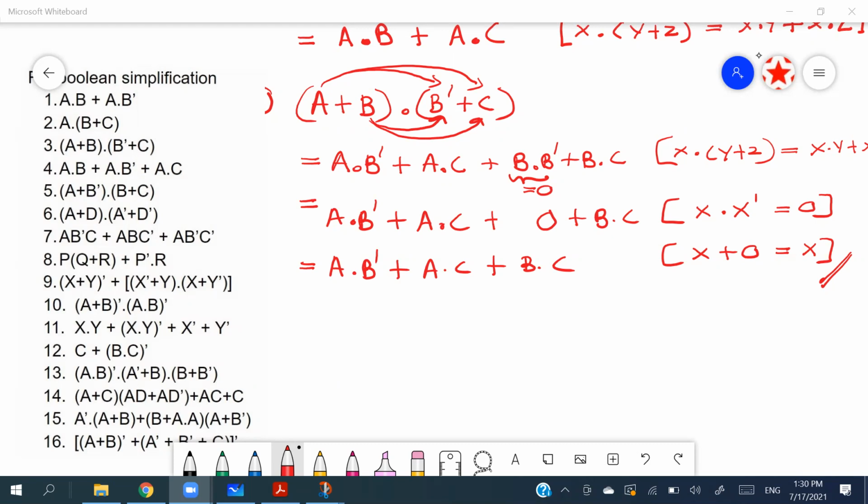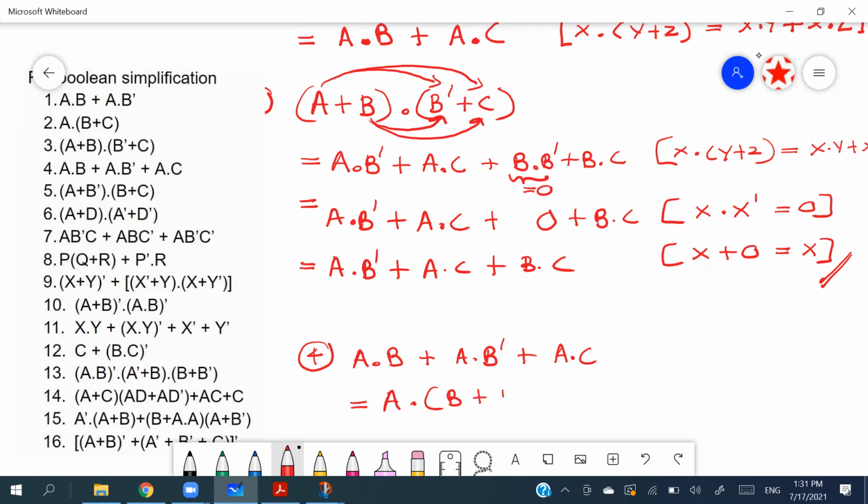All right, so let me do the fourth one for you. So in the fourth, I'm going to take A dot B plus A dot B bar plus A dot C. So we can clearly see a common term, so it is taken out.